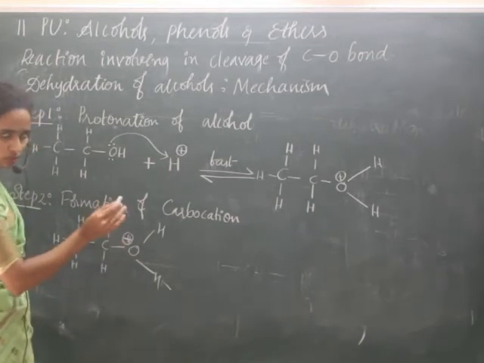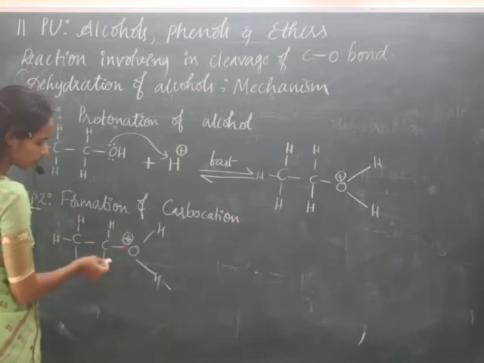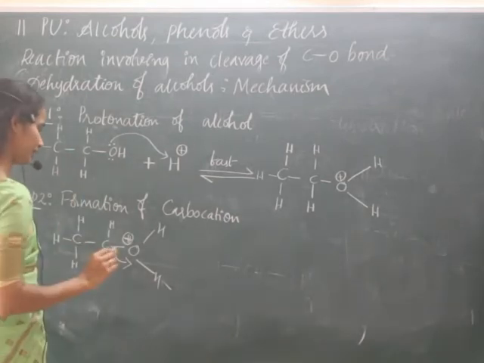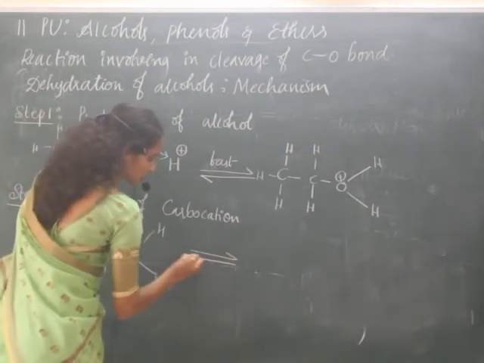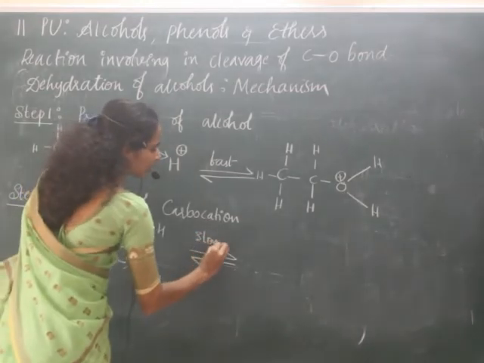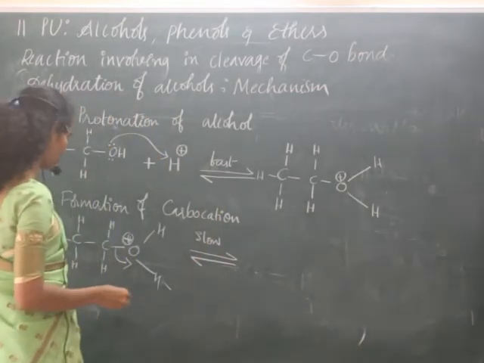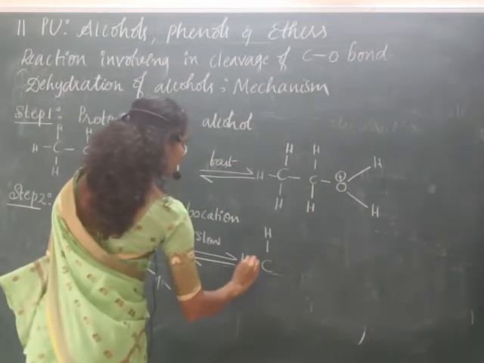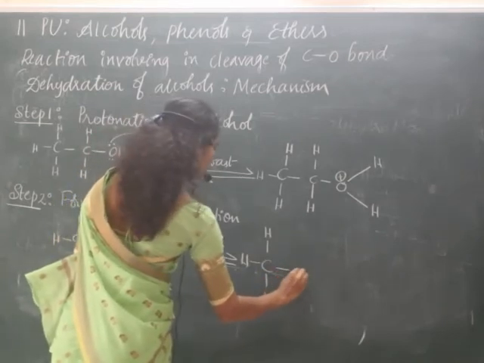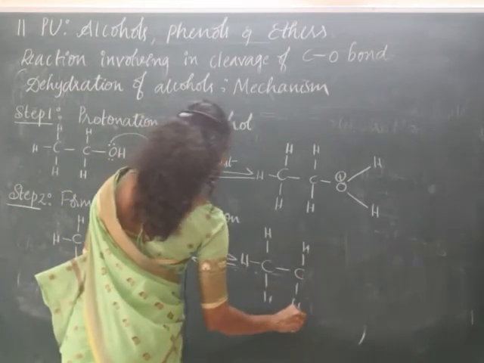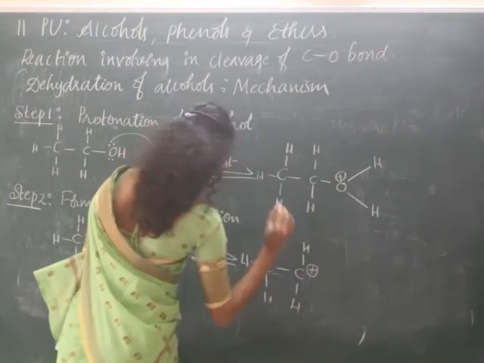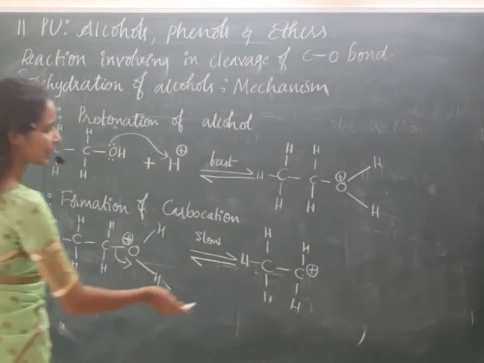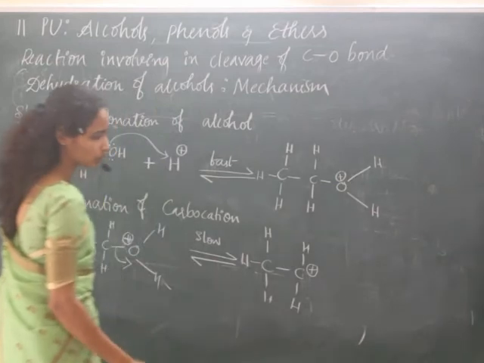OH is not a good leaving group, but the protonated one is a good leaving group, and it takes this electron pair and will leave. This is the slowest step and the rate determining step. Here it eliminates and we get a carbocation, carbon containing positive charge, right?